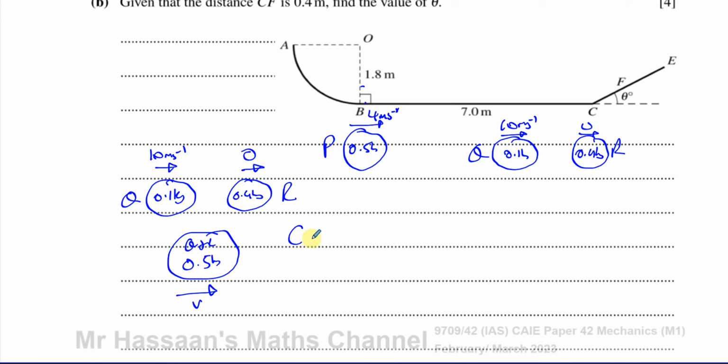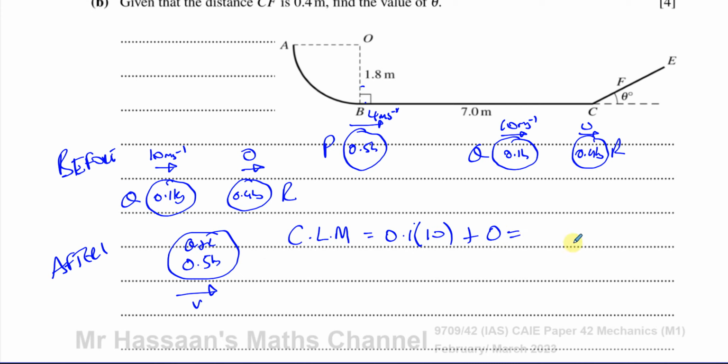Again, by the conservation of linear momentum, this is what's happening before the collision, and this is what's happening after the collision. Before the collision, you have the mass times the velocity of Q, plus the mass times the velocity of R, which is 0 because its speed is 0.